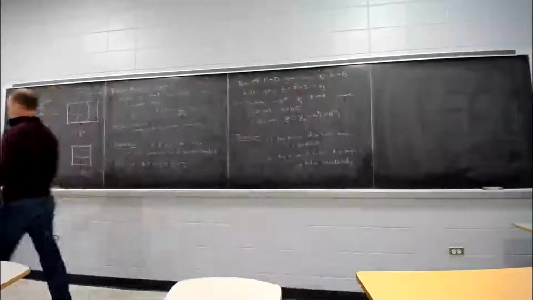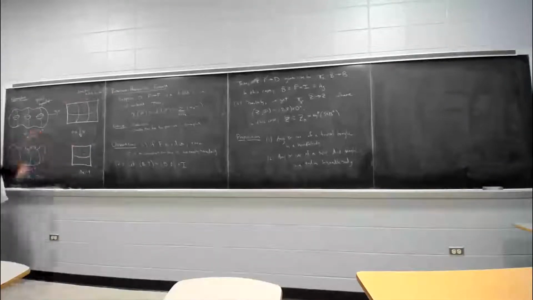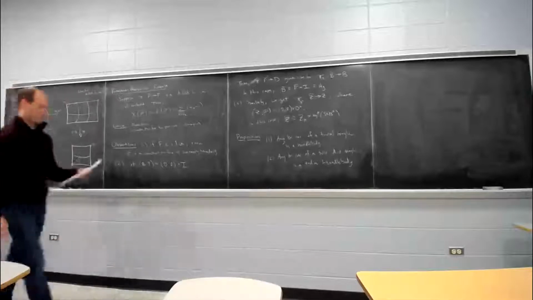All right, so what I want to do now is give an example of this that I hope can illustrate how to do this in practice. And I'll do it in the elliptic, hyperelliptic case.